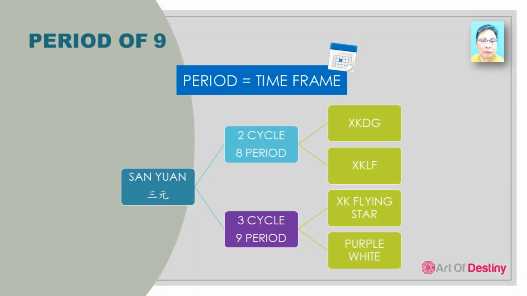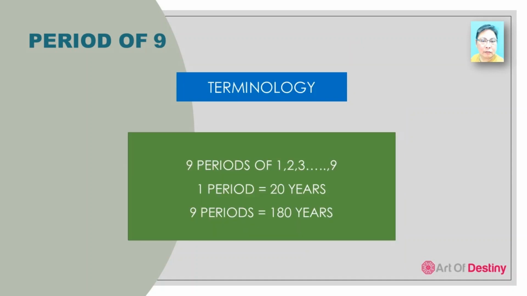Let's go on to the next slide and understand a little more about this period terminology. Because the Xuan Kong system uses the 9 stars, it gives rise to 9 periods. So you have period 1, period 2, period 3, till period 9. There's only 9, there's no 10.